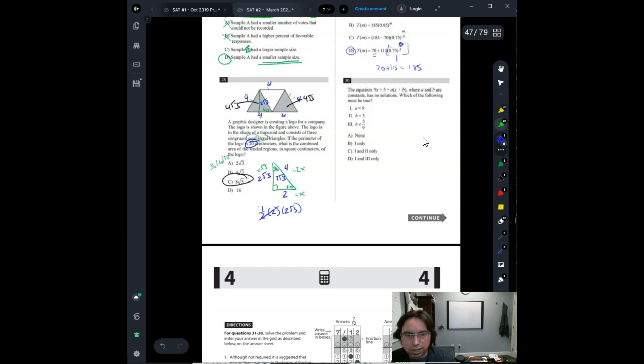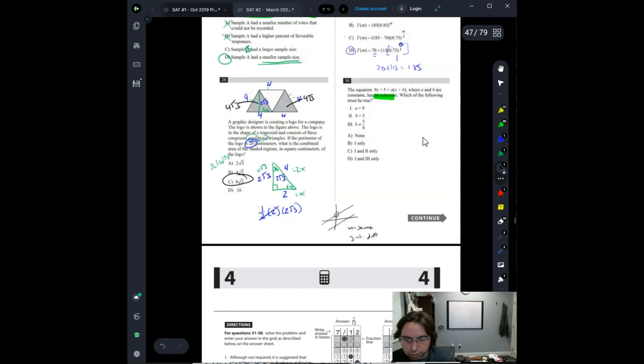Okay, so here we see the equation 9x plus 5 equals a(x plus b), where a and b are constants, has no solutions. Which of the following must be true? So remember, this is talking about the types of problems where we have parallel lines. The slopes are the same. Remember, the y-intercepts are different on these problems.